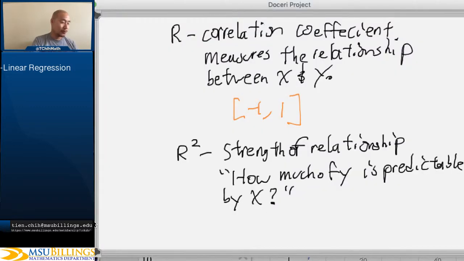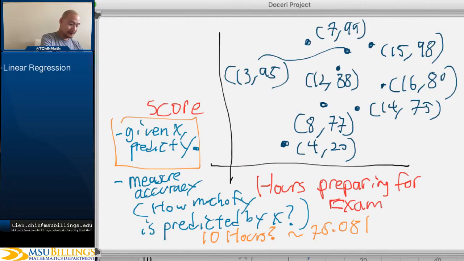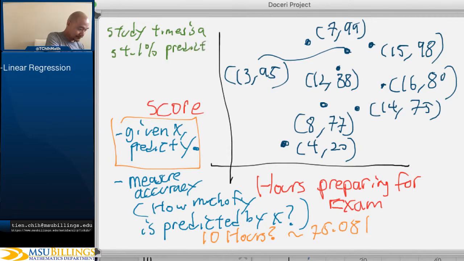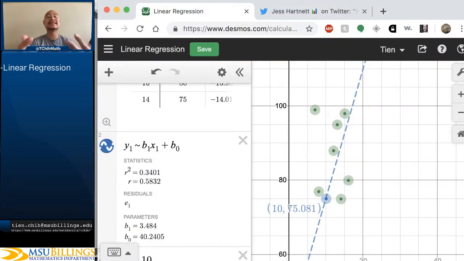And so what that tells us in this particular case is that study time is a 34.1% predictor of the score, which means that there's another 66% of what makes up the score lurking out there somewhere.